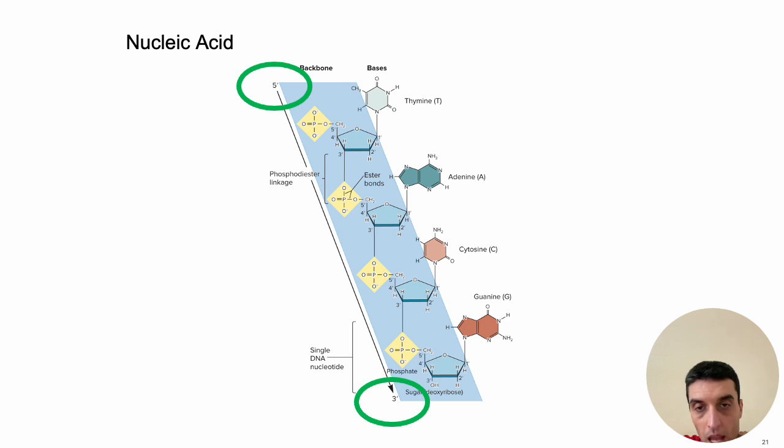Okay, and at the 1' position of the ribose, the bases are connected. DNA can have 4 different bases, 2 purines and 2 pyrimidines, which are thymine, adenine, cytosine, and guanine. Okay, and these are the bits of information that are going to be useful later for producing proteins.